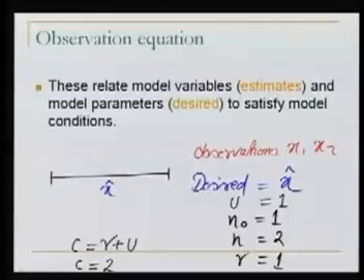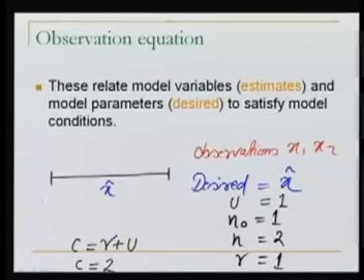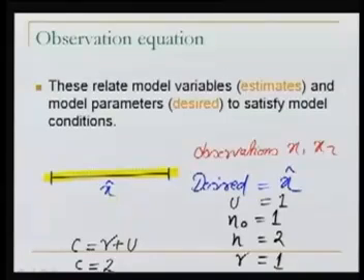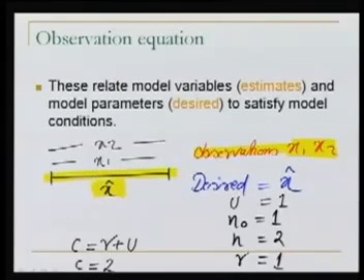Let's say we have a line over here and we want to observe this line. So the desired quantity is x hat. What we do, we carry out two observations, x1 and x2. Someone measured this line x1 and then again x2. Two observations have been taken.